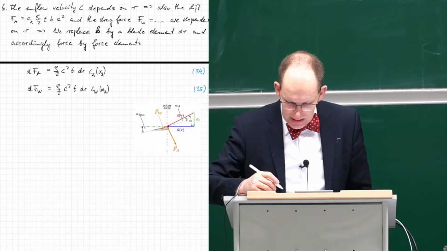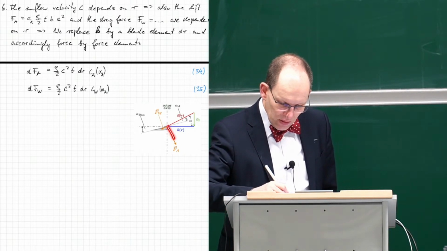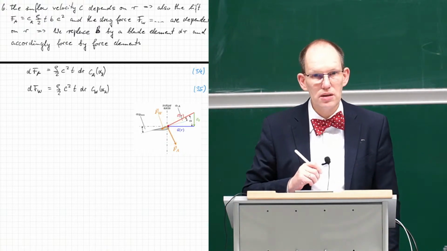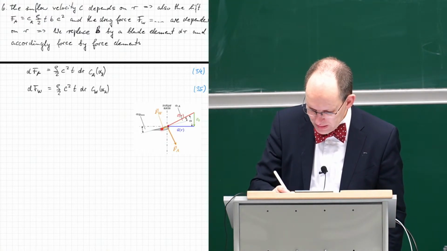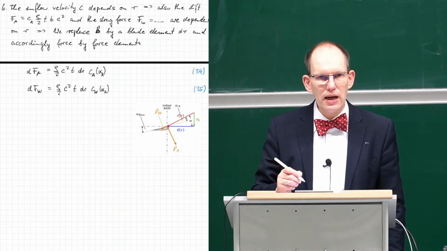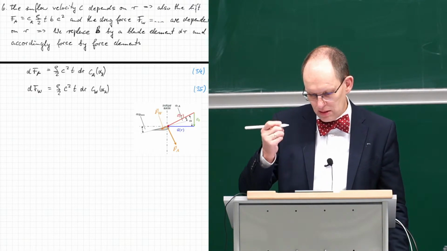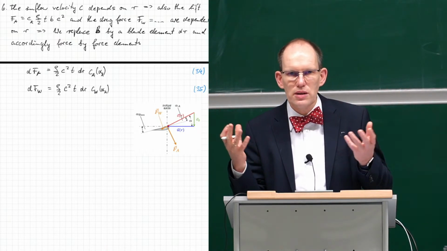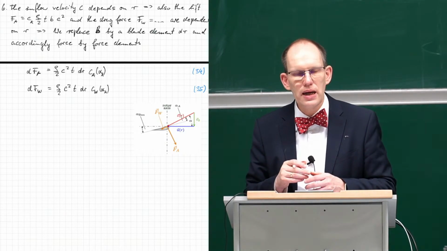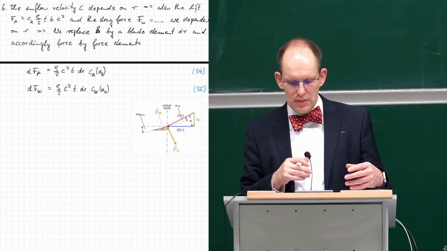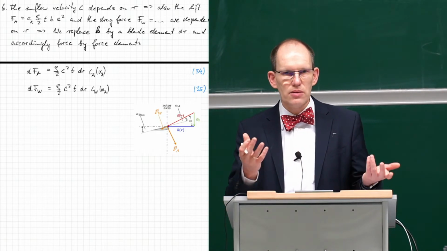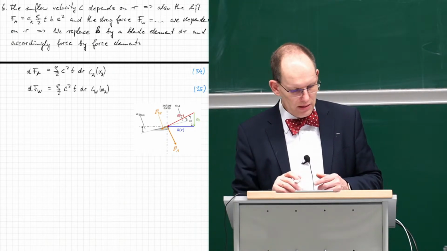Now the point is that the lift is always perpendicular to the in-stream velocity, by definition, because the other force that we have, the drag, is parallel to it. So you could also say I decompose the forces that act on such a rotor plate into a component that's perpendicular to the wind speed, this is lift, and one that's parallel, that's drag.